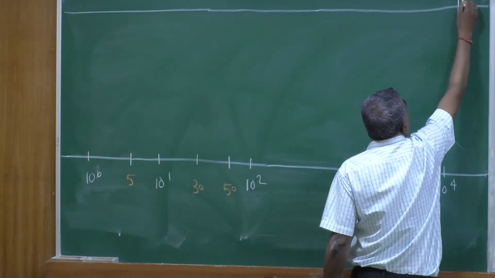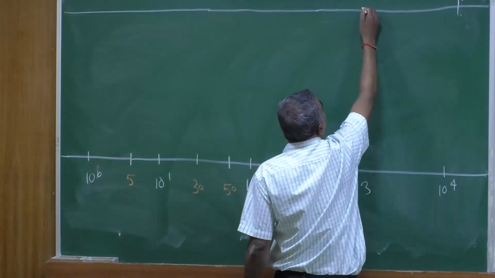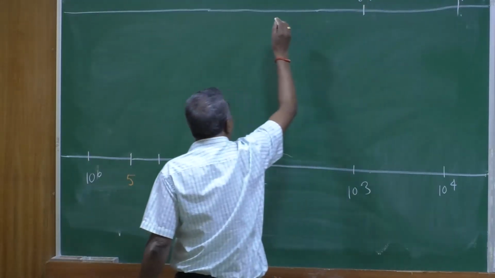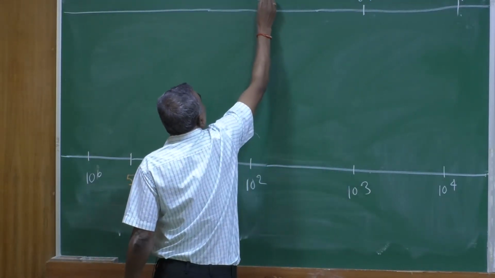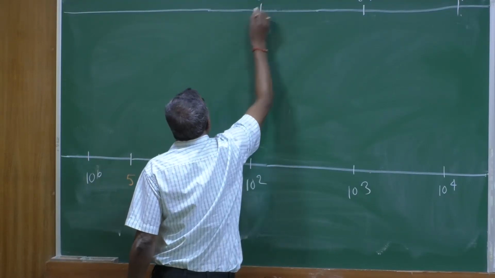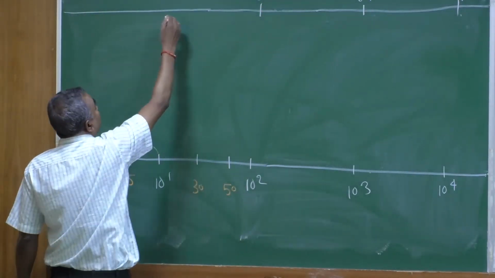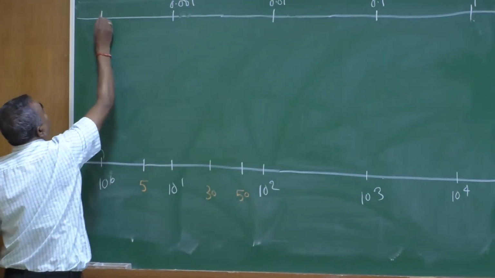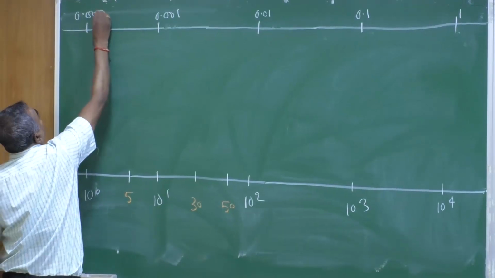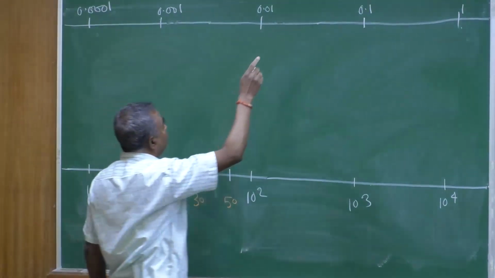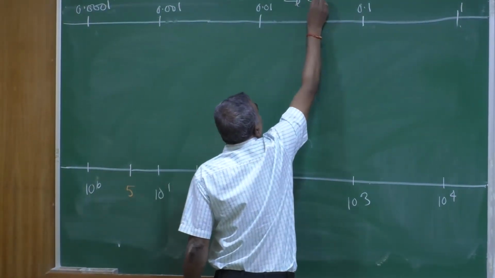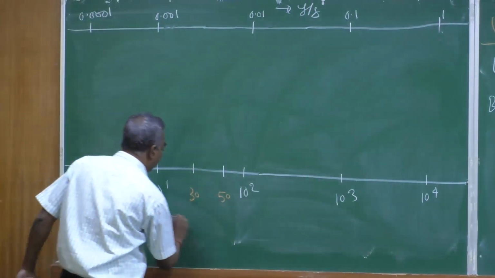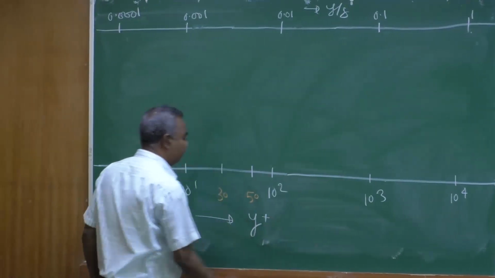So, y by delta is 1 here, then 0.1 here, then somewhere here it will be 0.01, somewhere here it should be 0.001, and somewhere it should be 0.0001. So, that above scale is in terms of y by delta scale, and the lower scale is in terms of y plus scale.